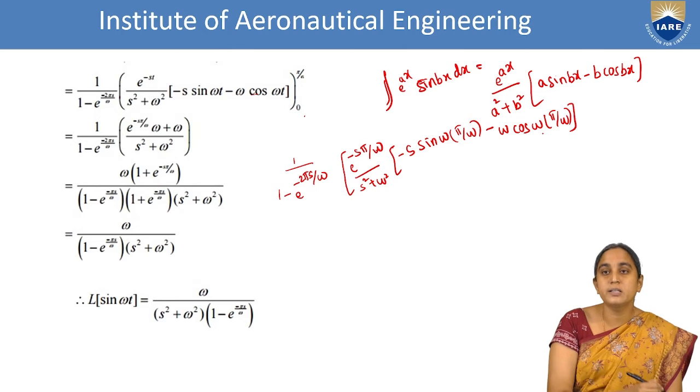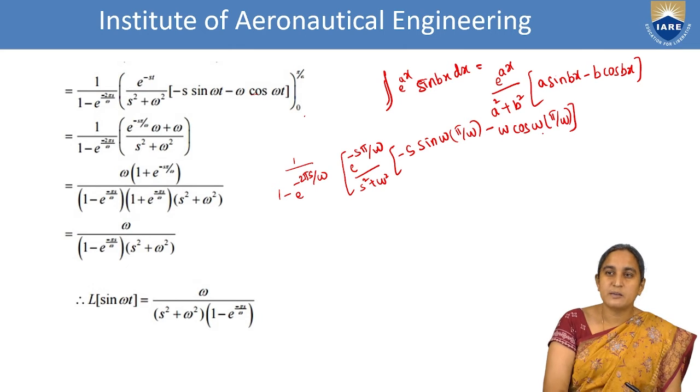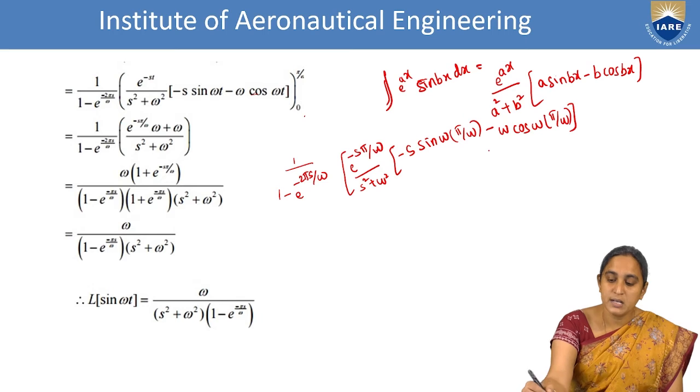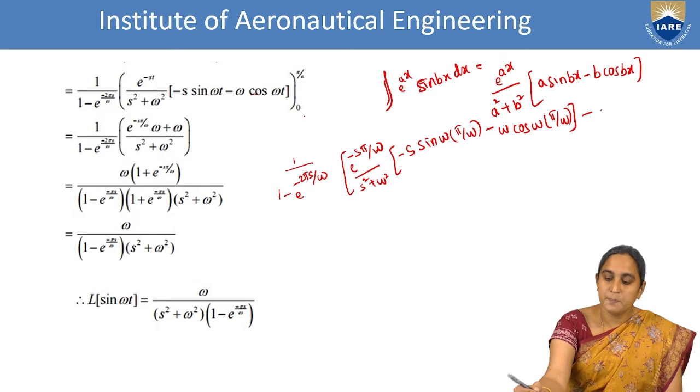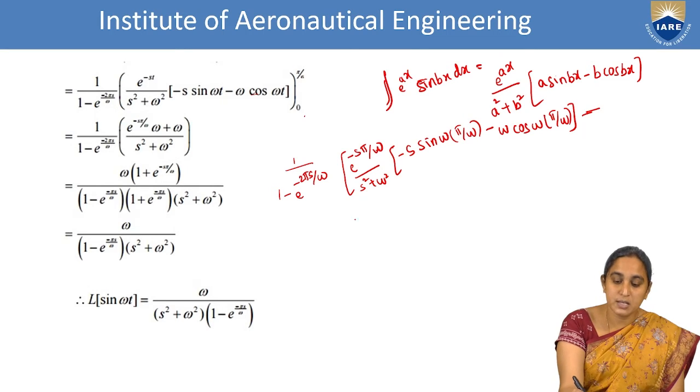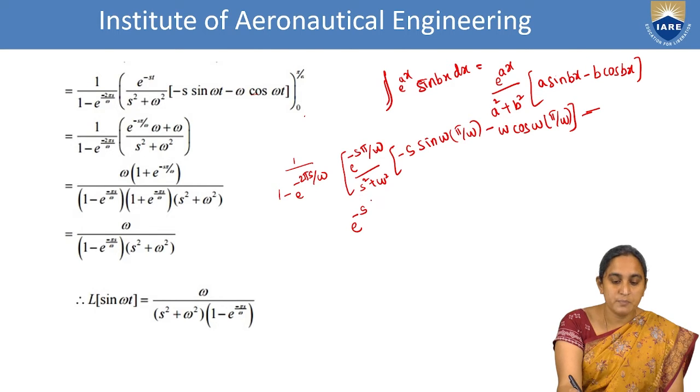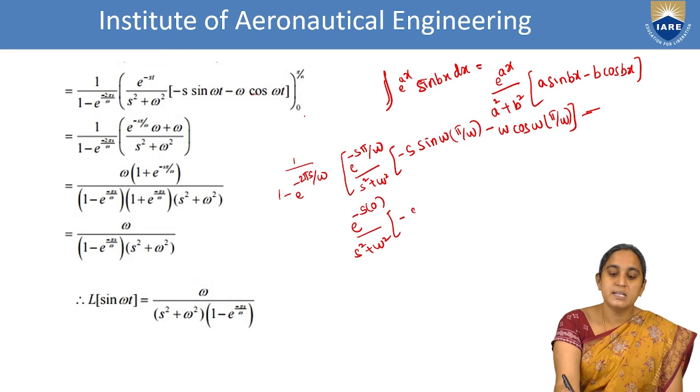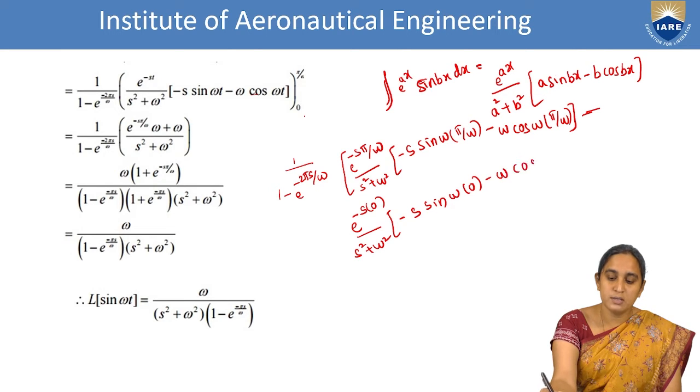If you are substituting the upper point, that is pi by w, we got this first part, and minus of, I'll write this step here, that is e power minus s of 0 by s square plus w square into minus s sine w of 0 minus w of cos w of 0.